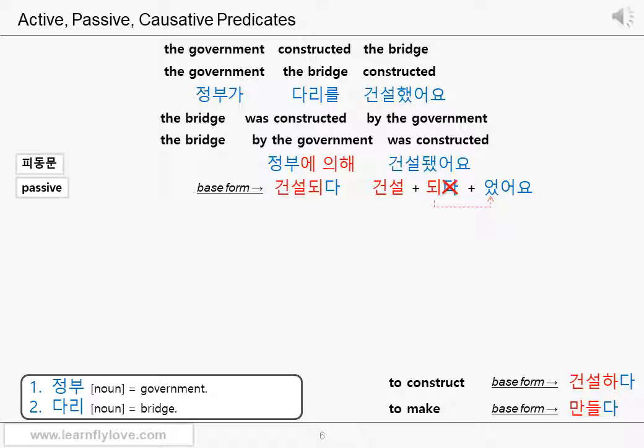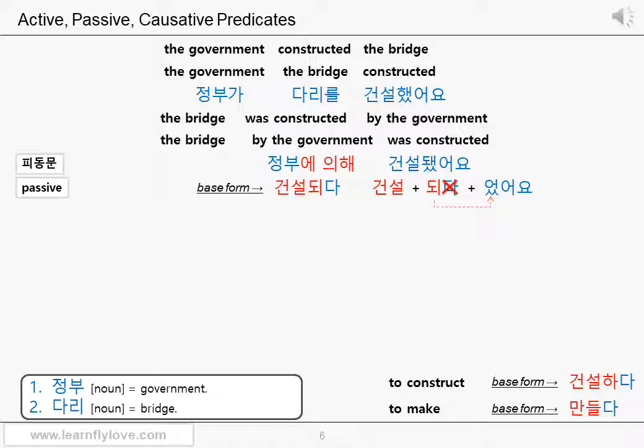Therefore, it's not the main reason. It's more related to the main predicate than the noun added to the particle 에게. Therefore, we can say that 에 의해 is used because of the fact that we use the passive verb 건설되다. And the meaning that the particle 에게 and 한테 have is not required here or does not go with the verb 건설되다.